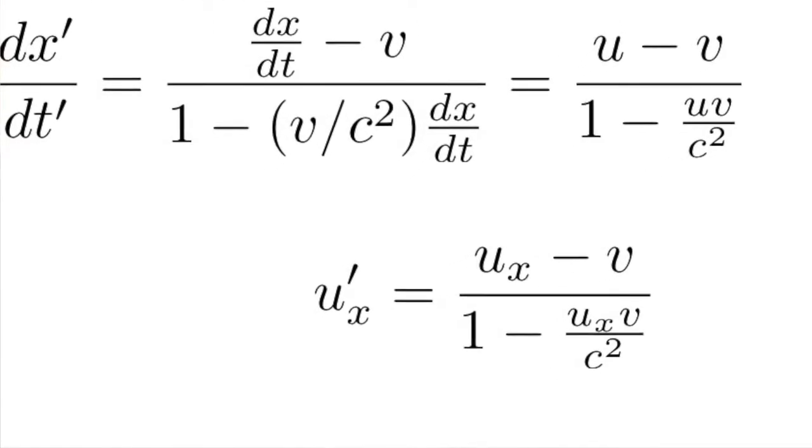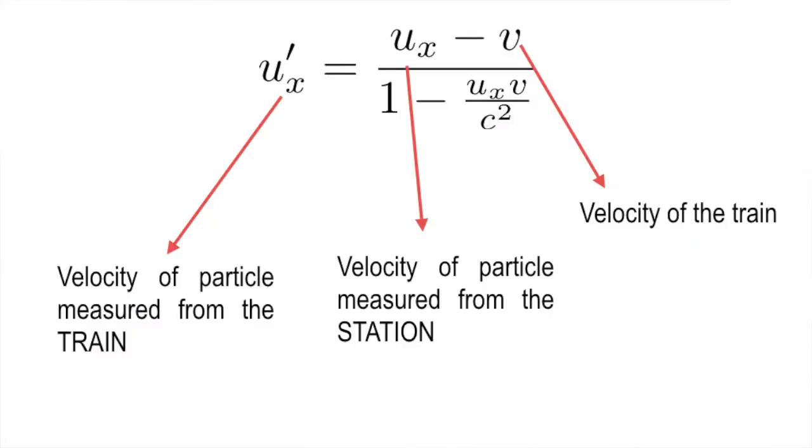That's the transformation equation of the velocity that the particle has as seen from both reference frames. Again, u prime x is the velocity of the particle measured from the train. Remember, the prime is for the train. The unprimed u is the velocity from the station, and v is the velocity of the train, the relative velocity between both reference frames.